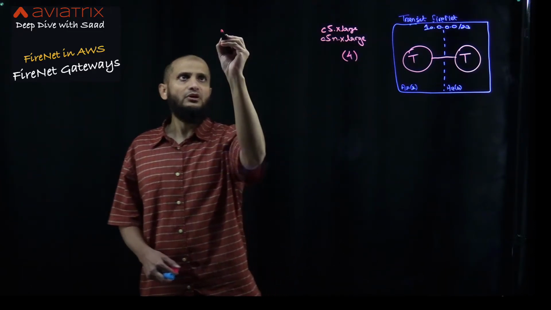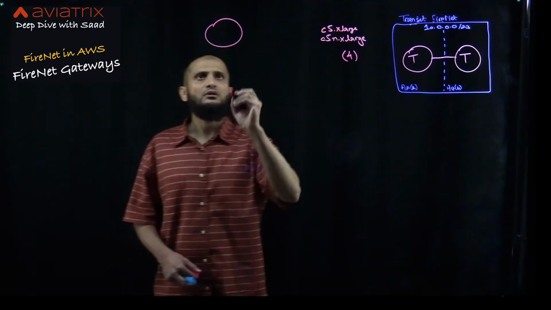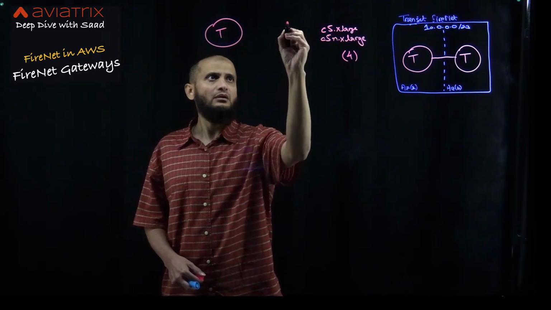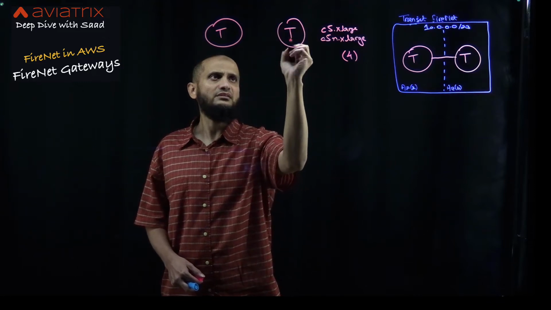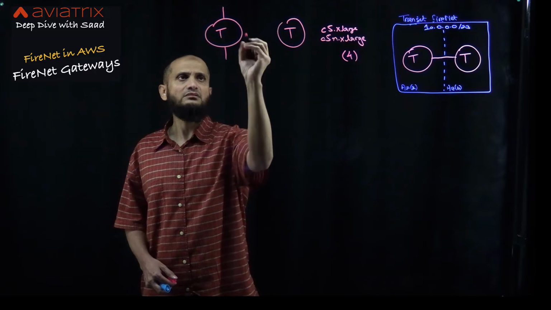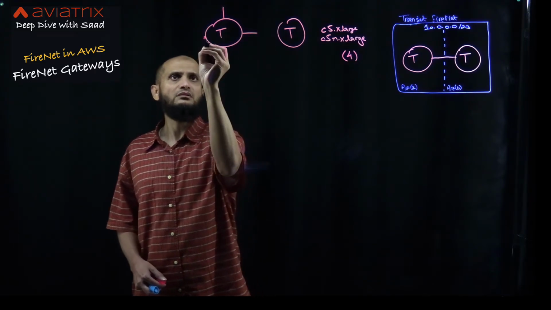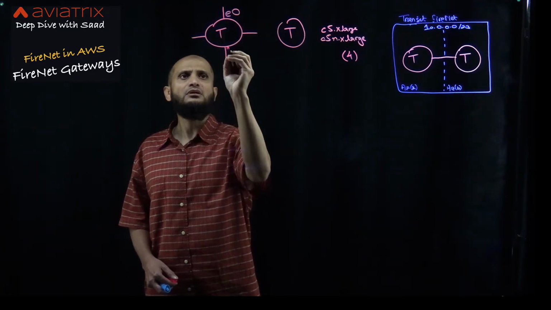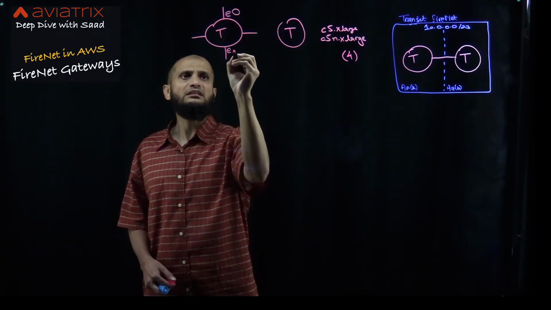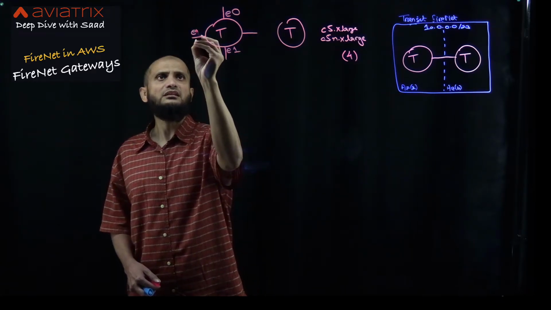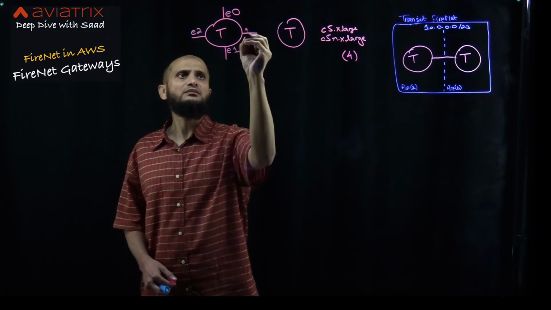If I'm going to draw, this becomes my transit primary, and let's say this is transit HA, has 4 interfaces. Let's say this is ETH0. This becomes ETH1. This is ETH2, and this is ETH3.